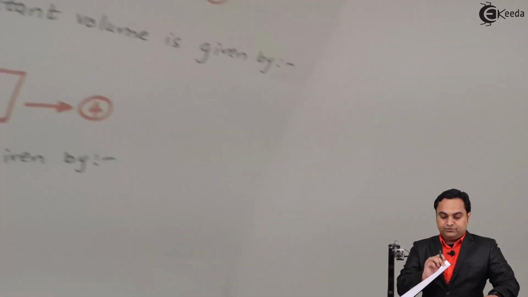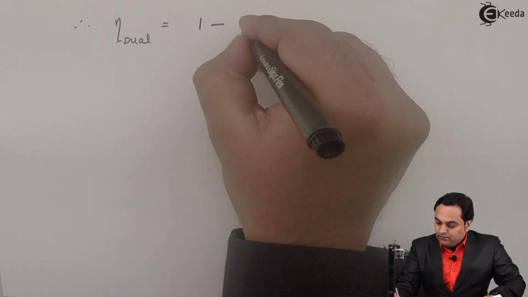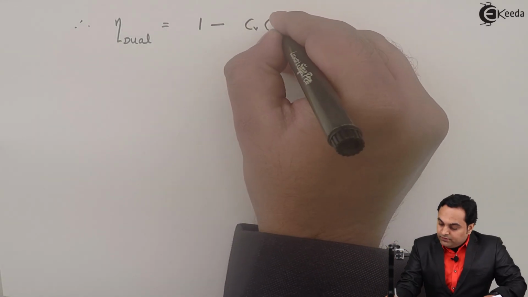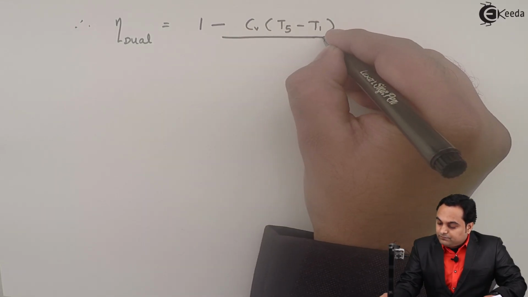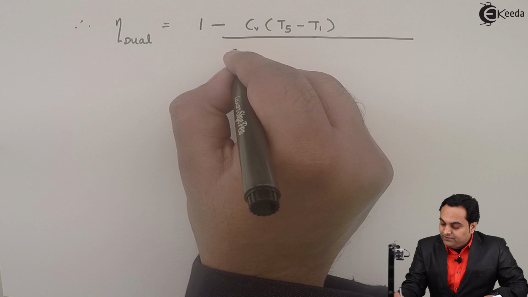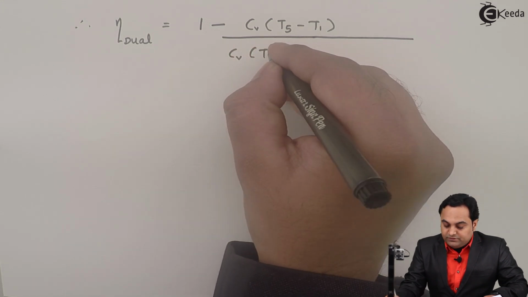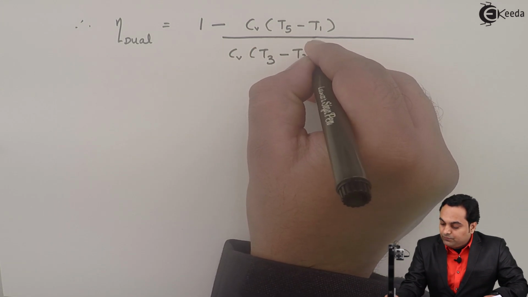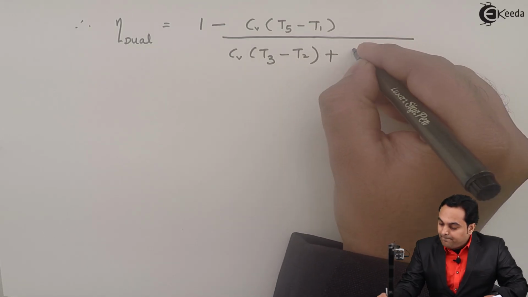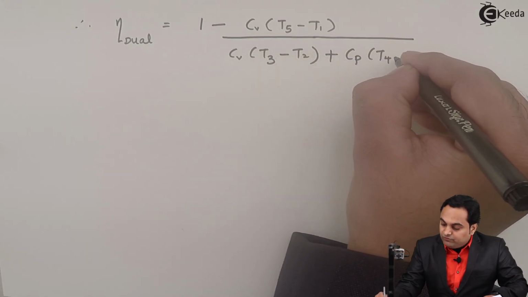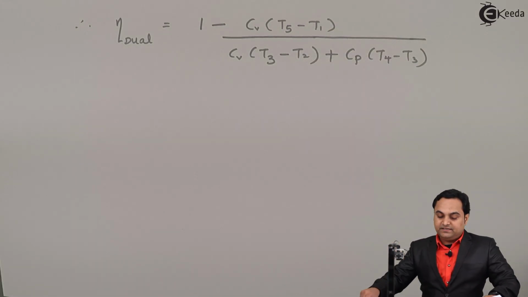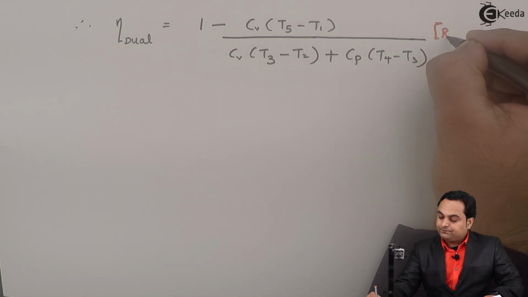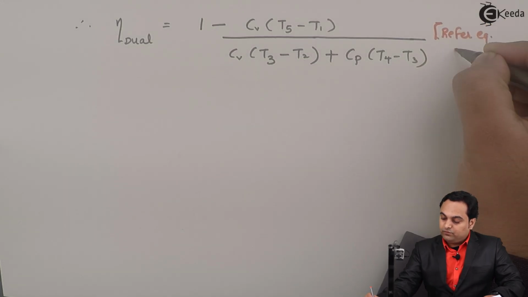So I'll put the values: Cv T5 minus T1 divided by Cv T3 minus T2 plus Cp T4 minus T3. So once I have written QR and QA, refer to equation number 3 and 4.